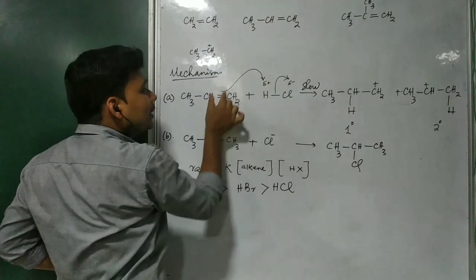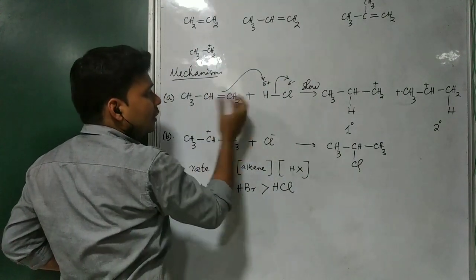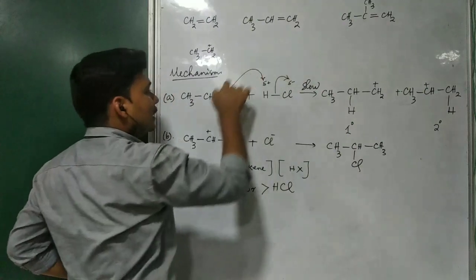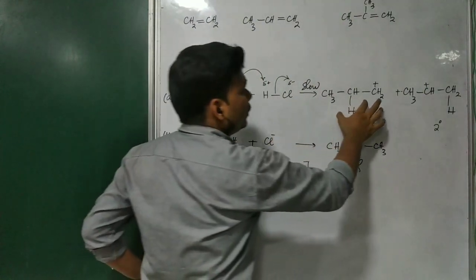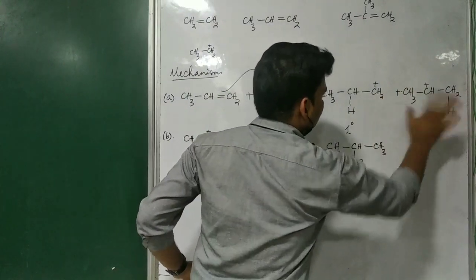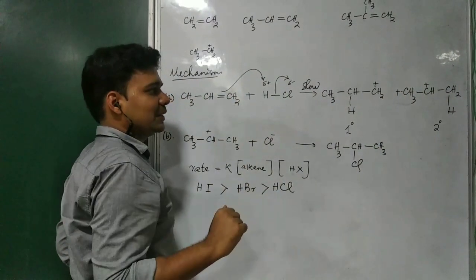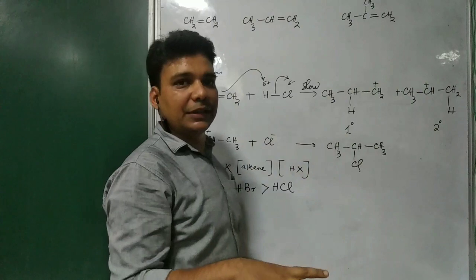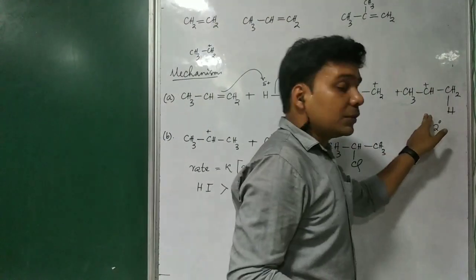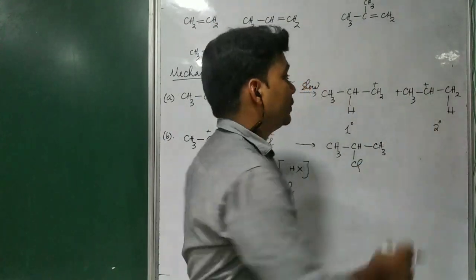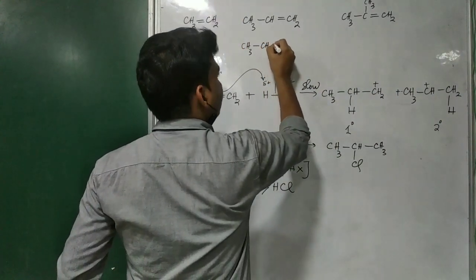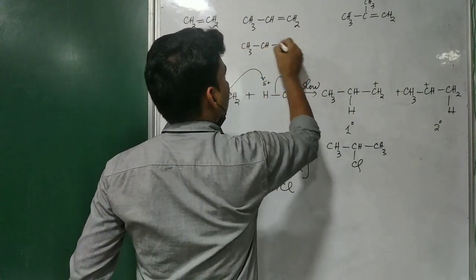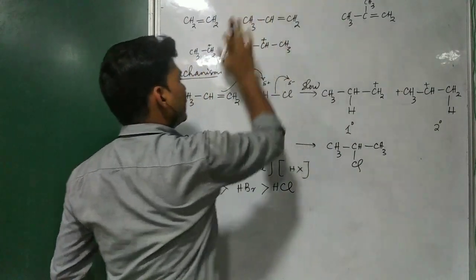When this alkene is considered, we are getting these two carbocation intermediates. Okay, two possibilities are there. However, we will think about the more stable carbocation. So this is your carbocation which is obtained when this alkene is used as substrate.